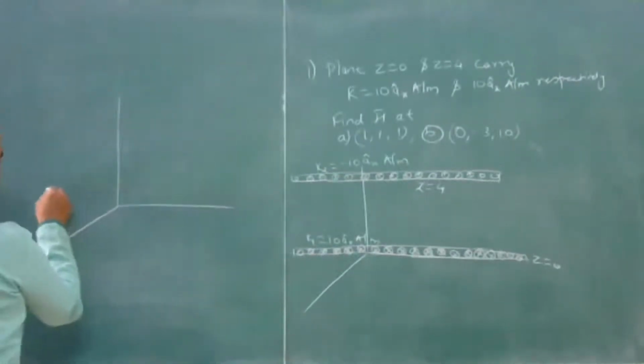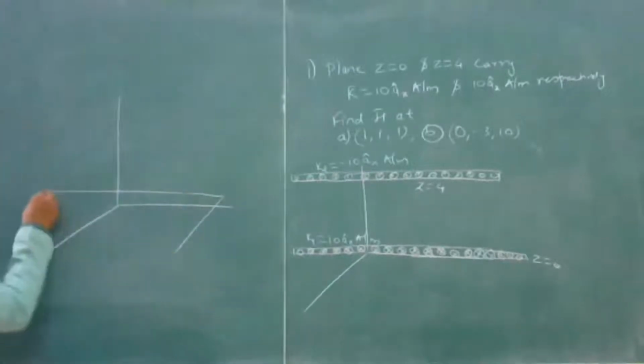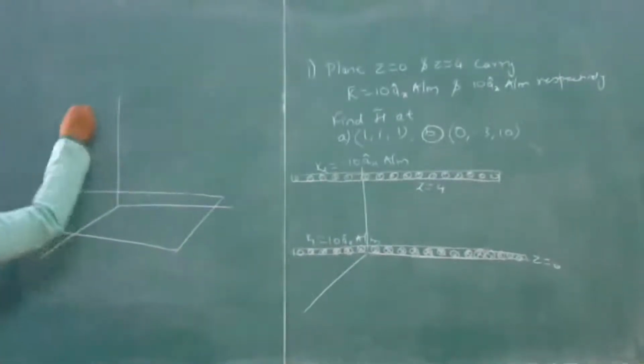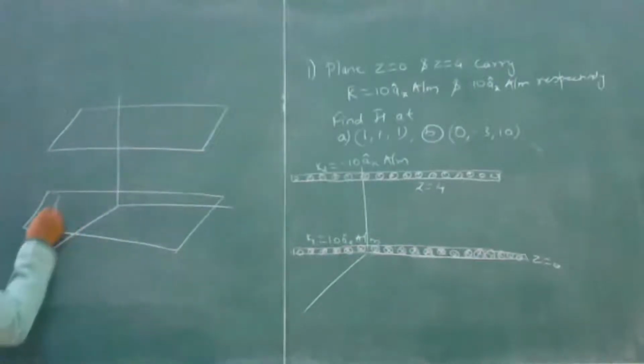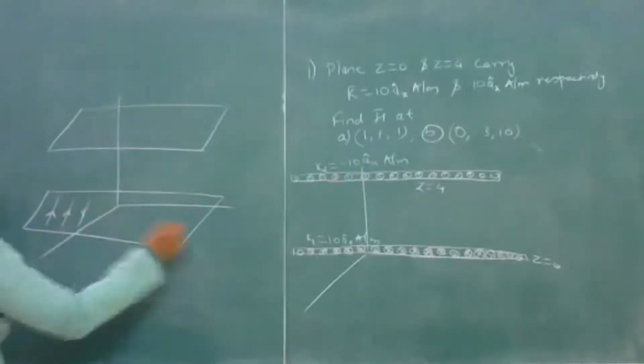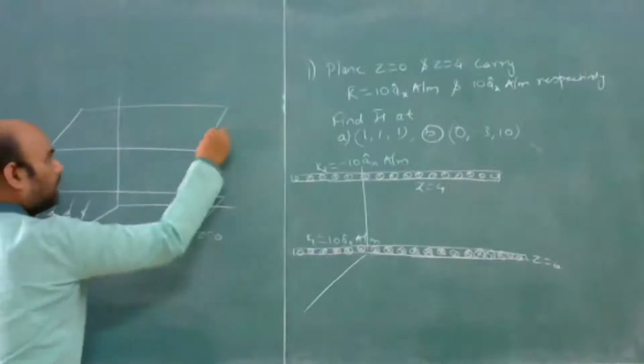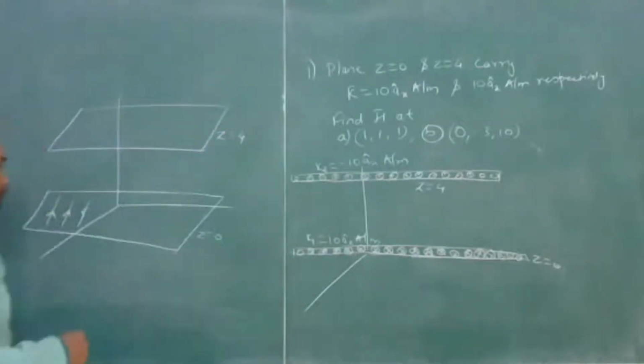That means we have two sheets of current density. This is the z is equal to 0 plane, and this is the z is equal to 4 plane.